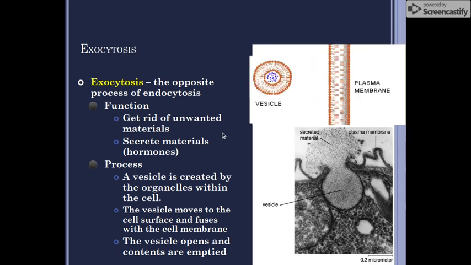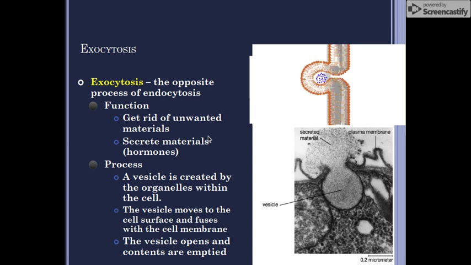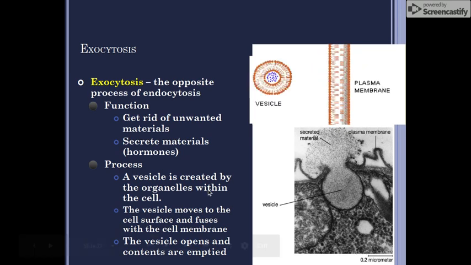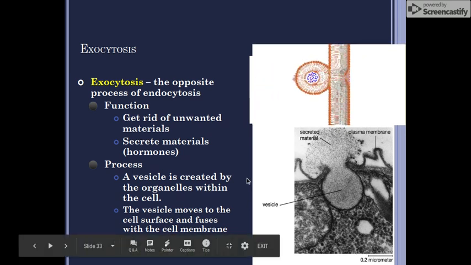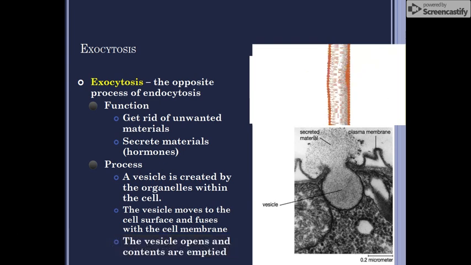It could be hormones that are made in the cell. We can release those this way, or other molecules that we make and need to get to other types of cells. So we create a vesicle, all of those molecules are within it, it fuses with the plasma membrane, and then releases all of those molecules.